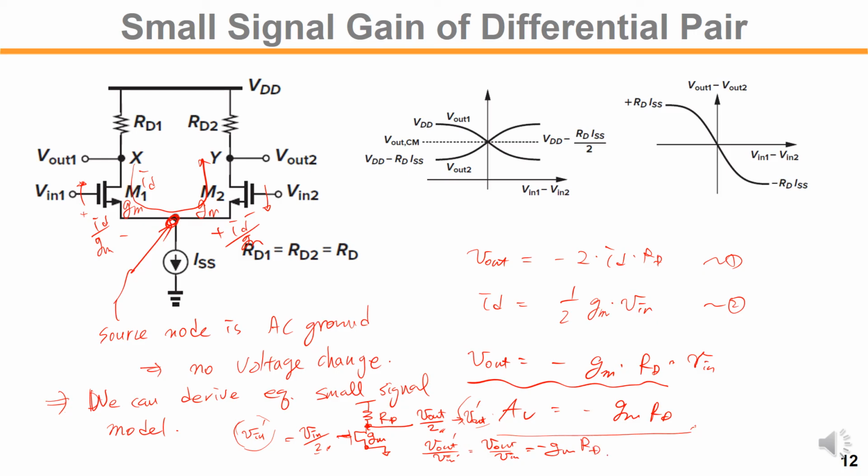So this is how we analyze the differential circuit. What I showed is exactly the same as the gain that we derived from the small signal equivalent model, by using the fact that the source node is the AC ground. Okay, this is only true when your input is balanced, like one input side is positive Vin over 2, the other side is minus Vin over 2 variation.